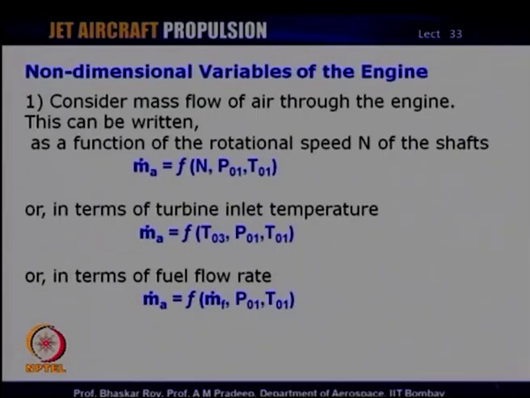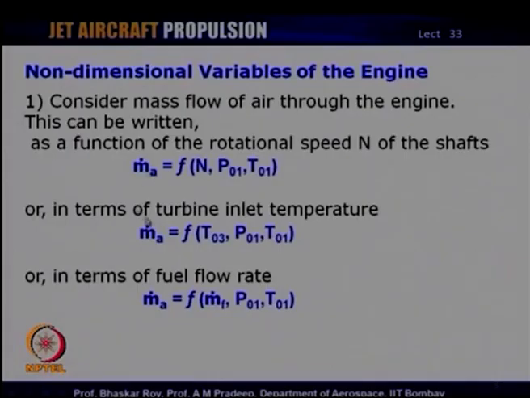First, let us consider the mass flow through the engine, and this can be written in terms of m dot A, which can be written in terms of a function of rotational speed, and as we mentioned, the inlet stagnation pressure and stagnation temperature, which contains the velocity field that it has come in with.